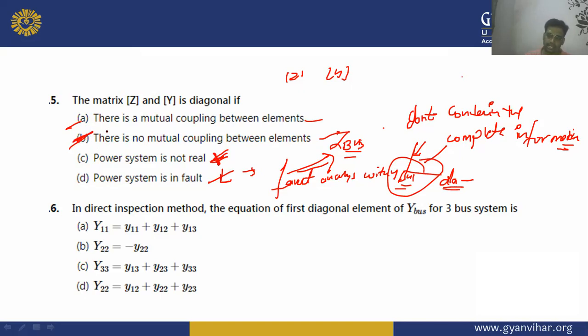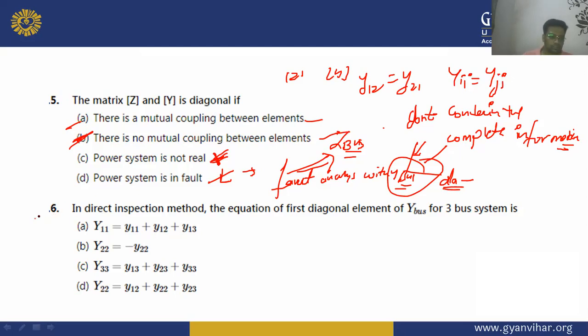The Z matrix, impedance matrix, and Y bus are diagonal to each other. Okay, diagonal means Y12 is equal to Y21, or in general, Yij is equal to Yji. Is this clear?